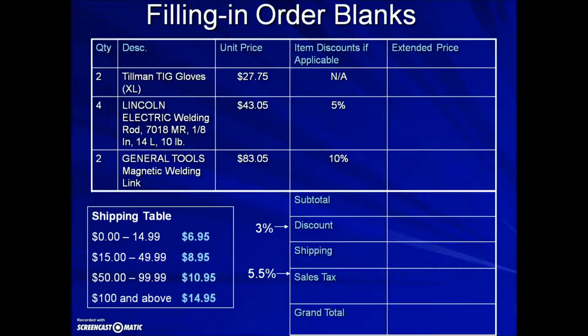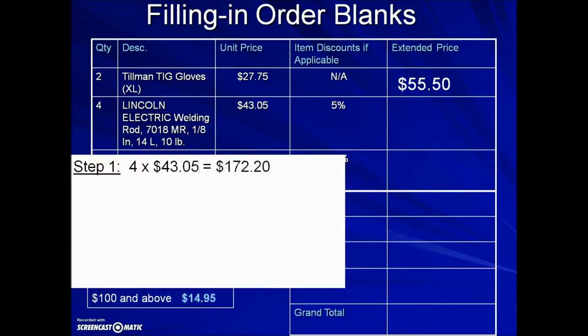So beginning at the top, we're purchasing 2 pairs of gloves at a unit price of $27.75. There is no discount on this item, so it's a matter of multiplying quantity times the unit price for an extended price of $55.50. In this next line, they're purchasing 4 of these boxes of welding rods at an original price of $43.05, but they're also indicating a 5% discount.